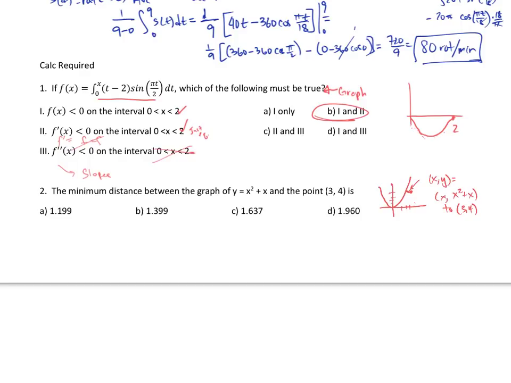And so the distance is going to be the square root of (3 minus x) squared plus (4 minus x squared plus x) squared. I should say, yeah, 4 minus. I shouldn't have put that parentheses there. Let's see if it'll let me knock this parentheses out over here.